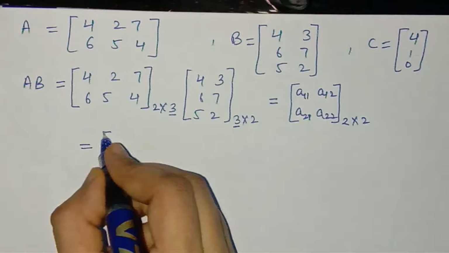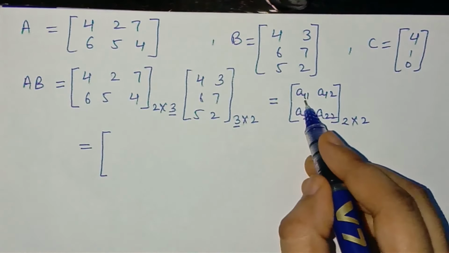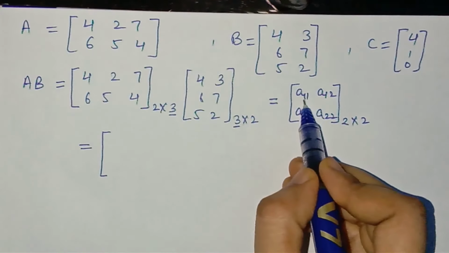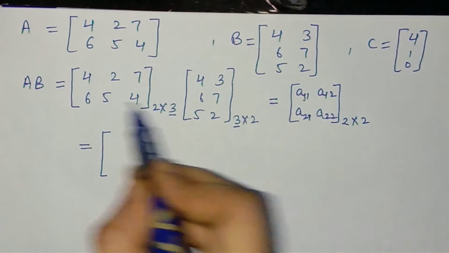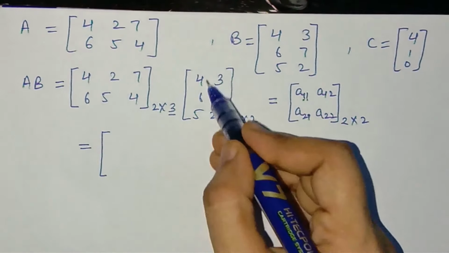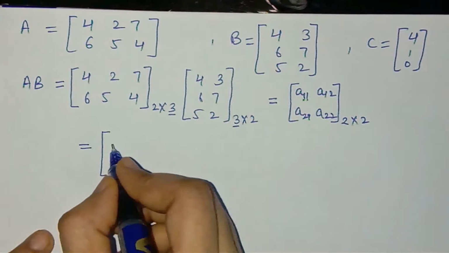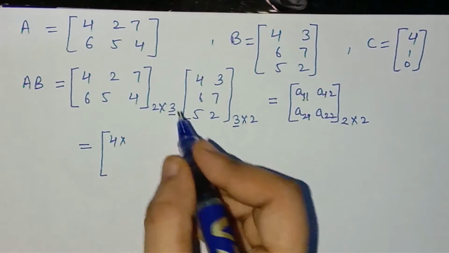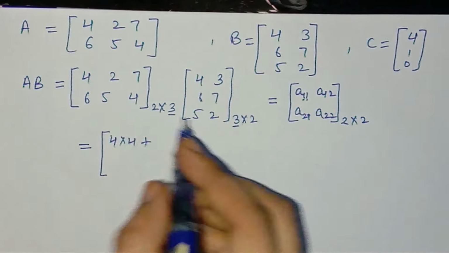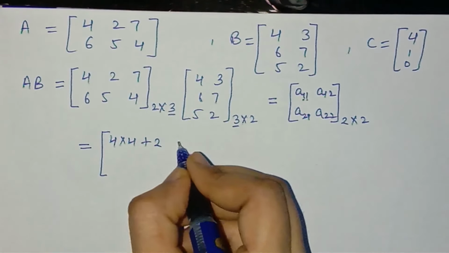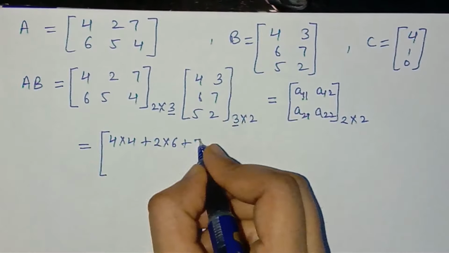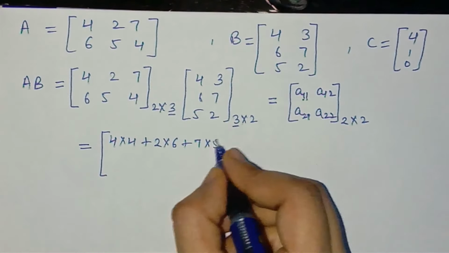We are finding A into B. The first element is A11, so we take the first row of the first matrix and multiply with the first column of the second matrix. So 4 into 4 plus, taking the second element of the first row, 2 into 6 plus 7 into 5.